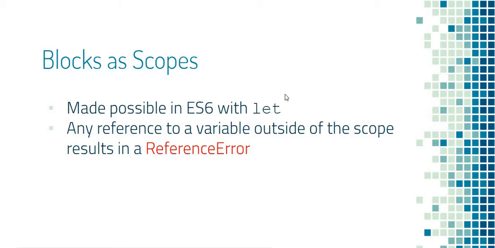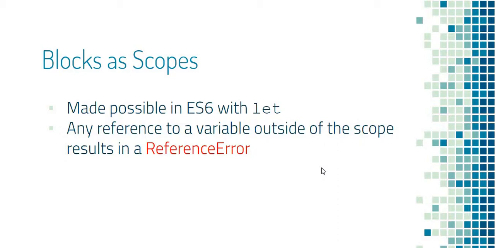So when we declare a variable using the let identifier, it limits the scope of the variable within that block, and when we try to reference the variable out of the block, out of the scope of the block where the variable is declared, we get a reference error.